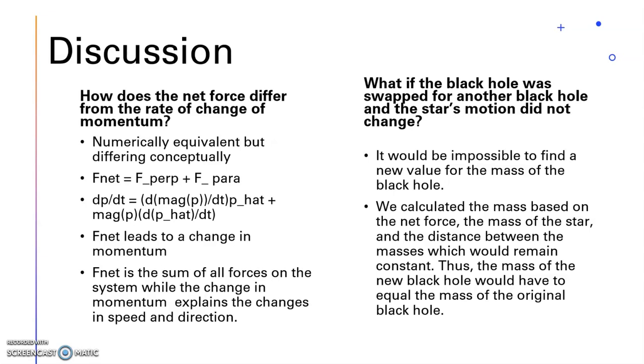We see these differ conceptually because F net leads to a change in acceleration, which leads to a change in velocity, which leads to a change in momentum. So it's essentially a cause and effect issue where F net leads to change in momentum.